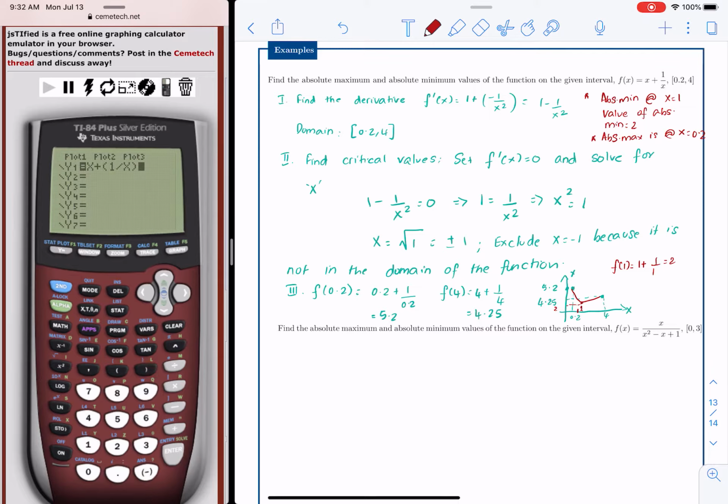Negative 2 to 2 is right over there, and we would like to know what that value is.